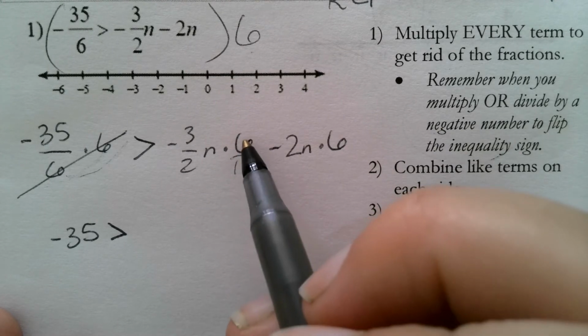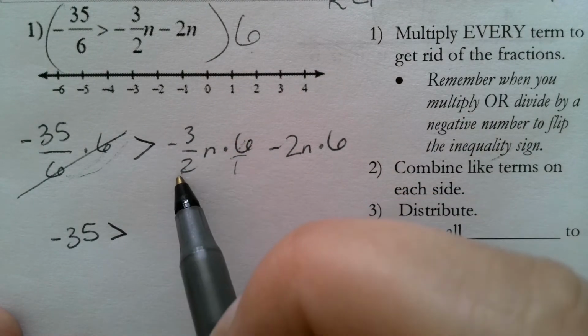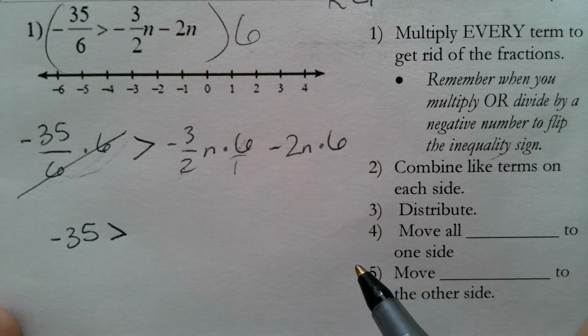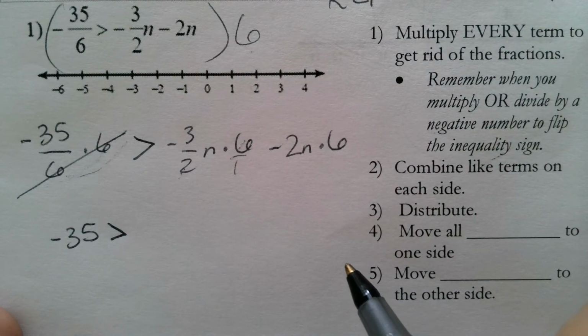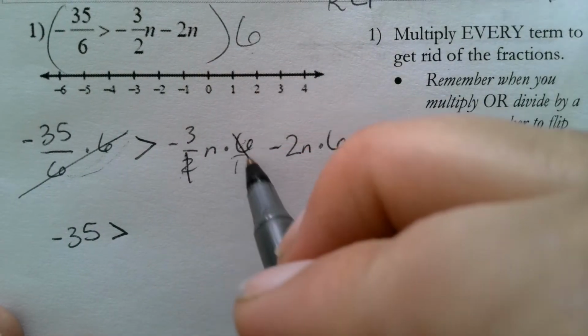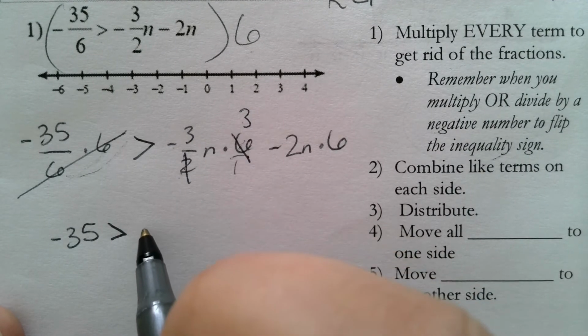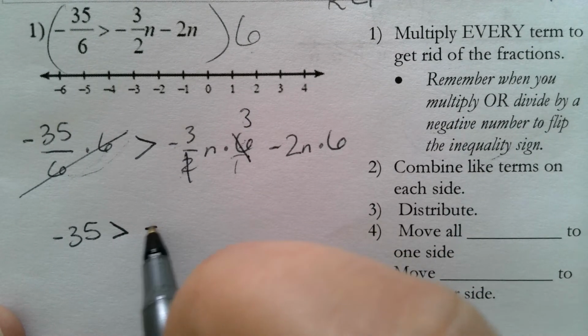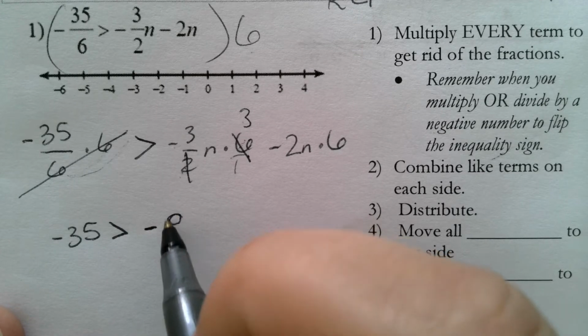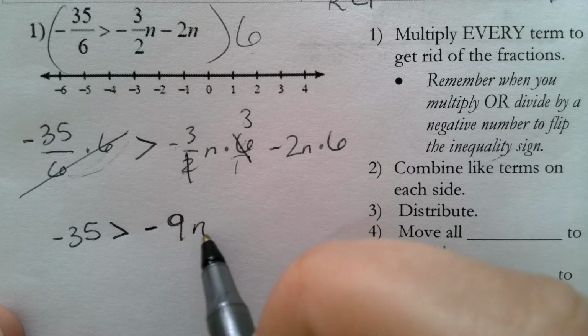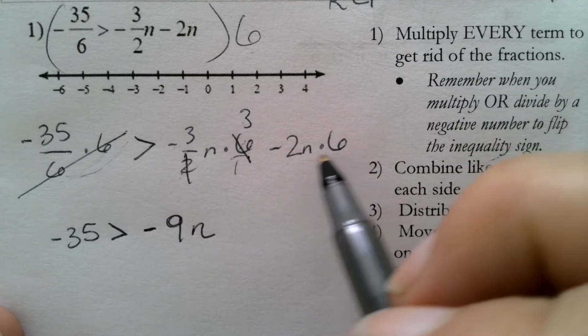Think of the 6 on top and the 2 on the bottom. What's 6 divided by 2? 3. Yeah. So we're going to have a 3 left. What's negative 3 times 3? Negative 9n. Good.